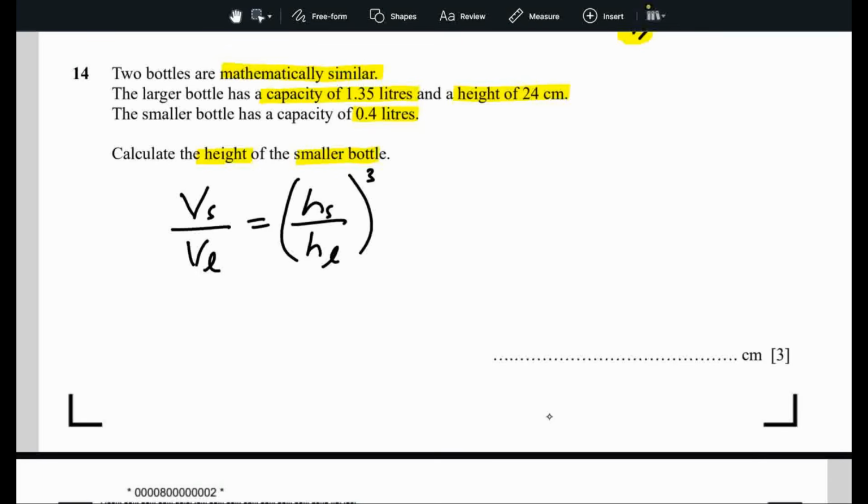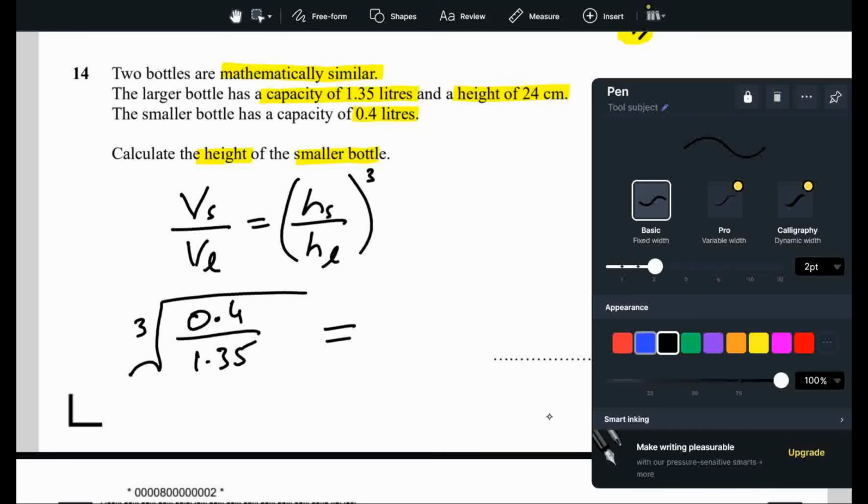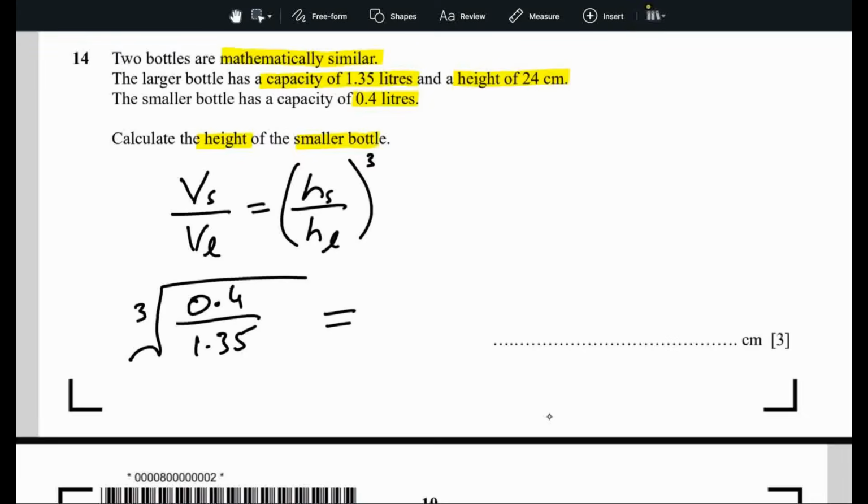So we have to find the height of the smaller bottle. So this will be equals to 0.4, 0.4 is the capacity. So 0.4 divided by 1.35 whole cube. So we have to take cube root to cancel out the cube.